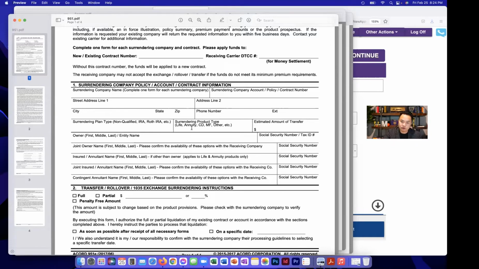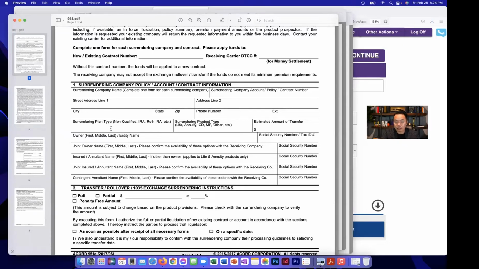Is it mutual funds? Is it a brokerage account? Mostly it's stocks and bonds in 401ks. That's why we keep talking about the 401k as kind of like an investment. It is an investment. So that's what you want to put in there.